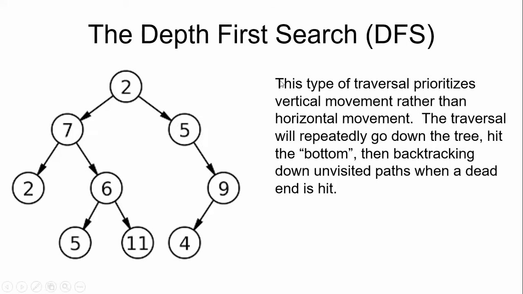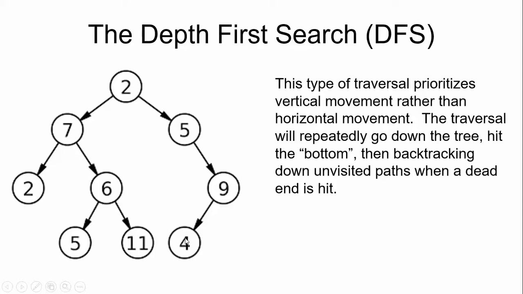So what is a DFS, or a depth-first search? Well, it's a traversal of a tree structure that explores trees down to the bottom before it explores them all laterally. So in this example of the tree here, if we were doing a depth-first search, we would go to the 2, the 7, and then the 2 down at the bottom left, and then we would say, oh, we hit a dead end, and then we'd back up, and then we'd try going down another branch until we hit dead ends, and then we would back up and go down other branches.